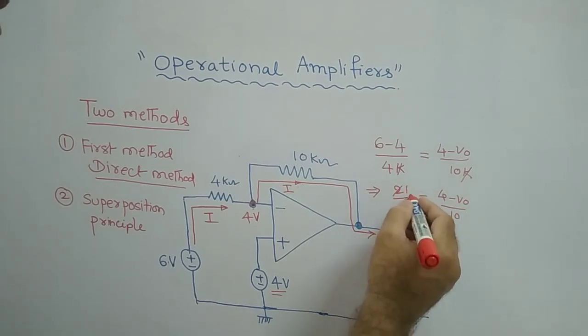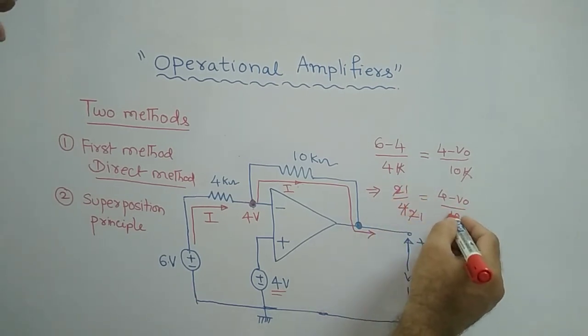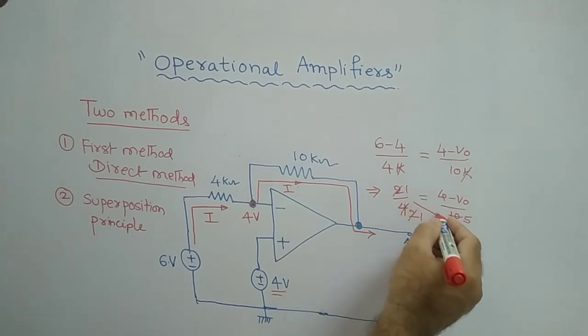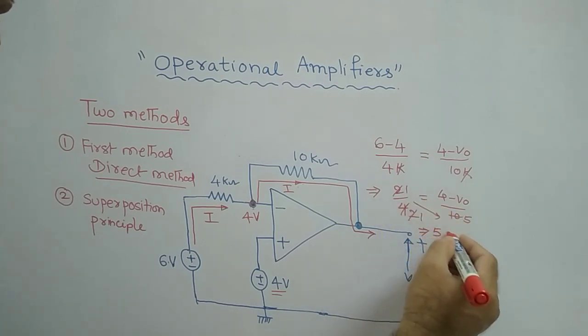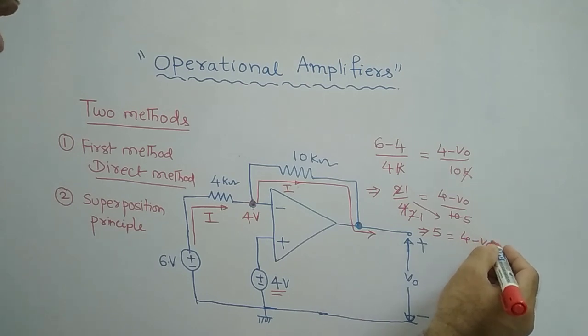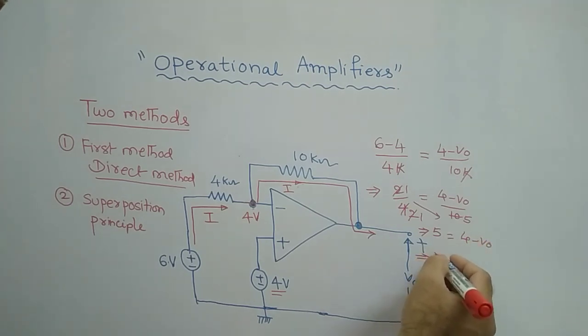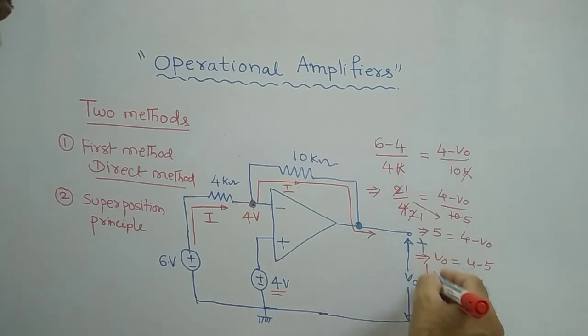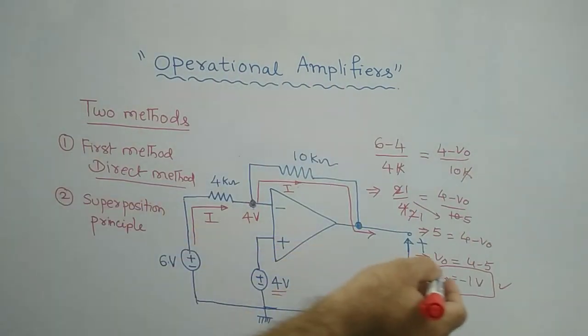Simplifying, 5 is equal to 4 minus V naught. This implies V naught is equal to 4 minus 5, which is minus 1 volt. This is the answer: V naught is equal to minus 1 volt.